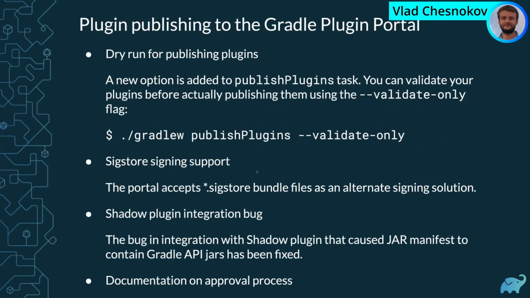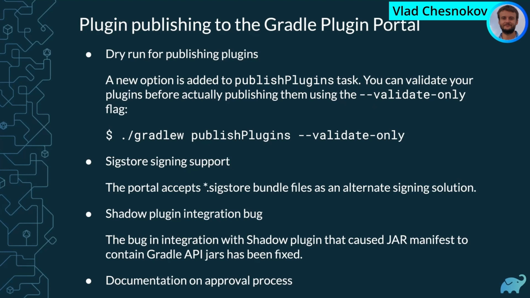Our team made several improvements regarding the Gradle plugin portal. First one is a feature flag for the publish plugins task, which basically allows you to validate your plugin setup before actually publishing it. It does everything that a regular publish plugin task does. Another feature that was implemented is Sigstore signing support.